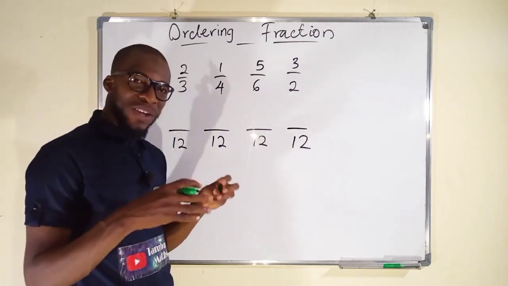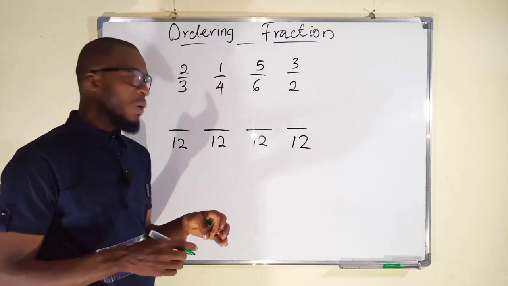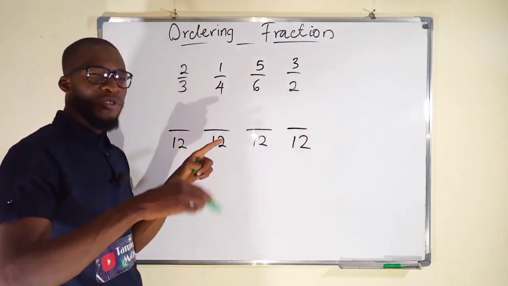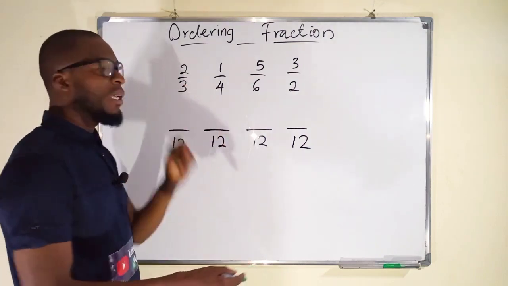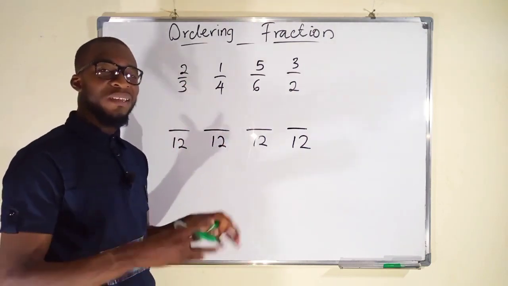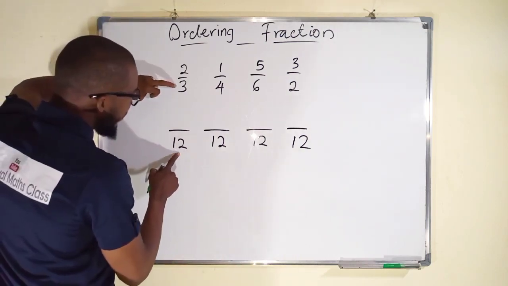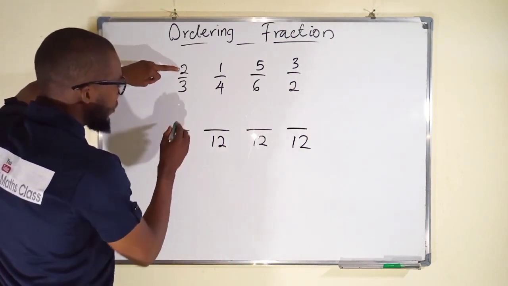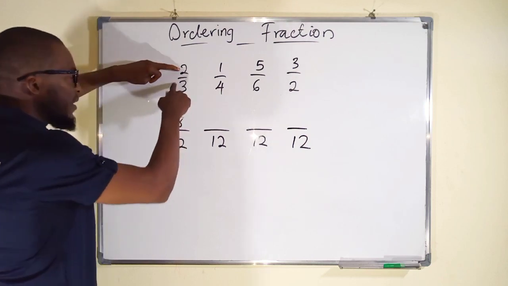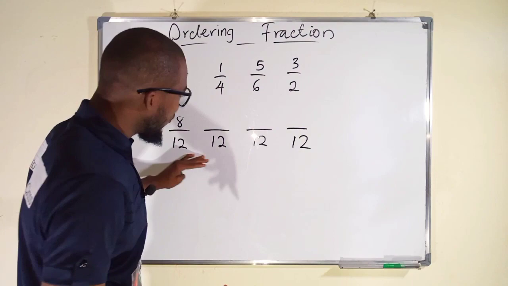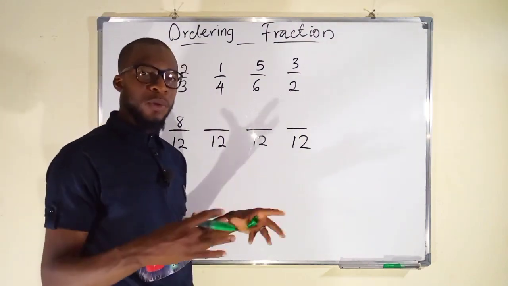And in equivalent fractions, remember from our previous lesson, any number you use to multiply the denominator, you have to use the same number to multiply the numerator in order to get an equivalent fraction. So 4 times 3 is 12, so we say 4 times 2 is 8. Therefore, these two are equivalent. Our main target is just to transform them in such a way that they will have a common denominator.